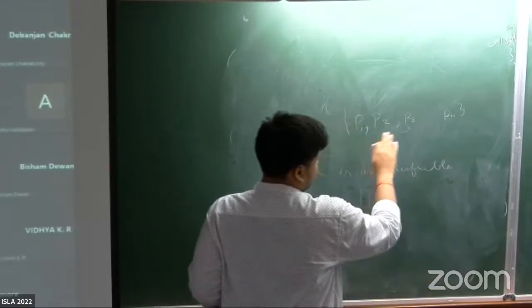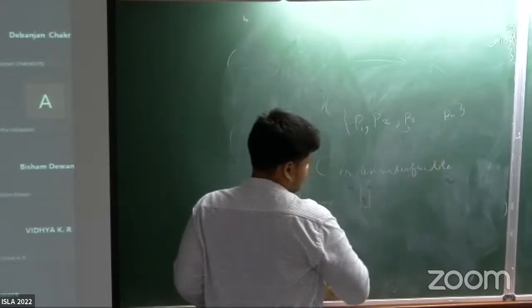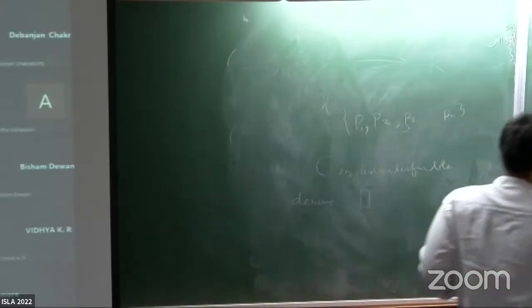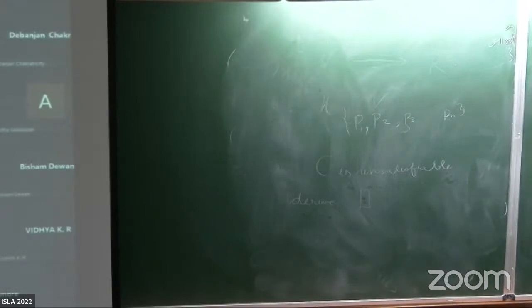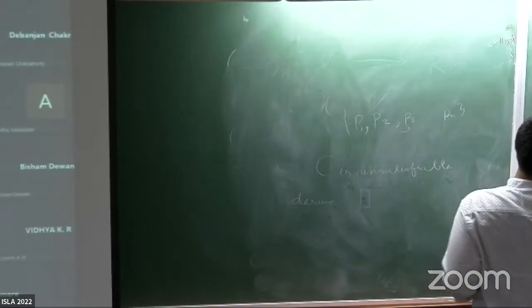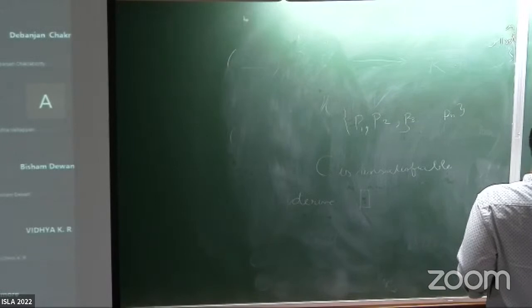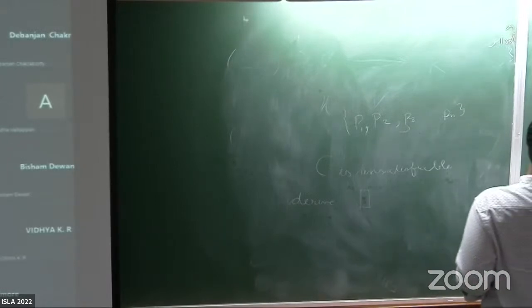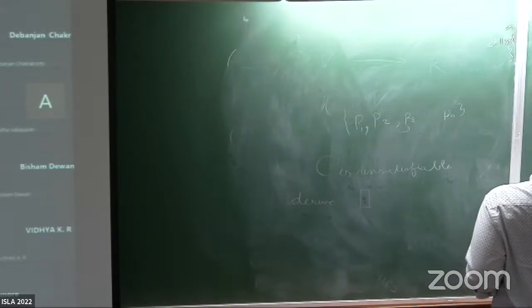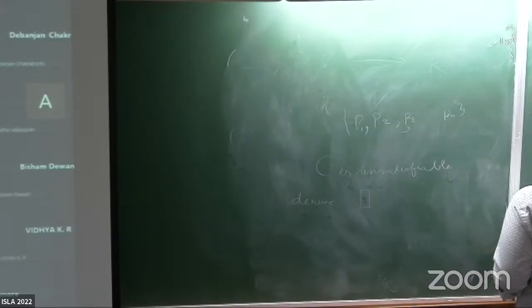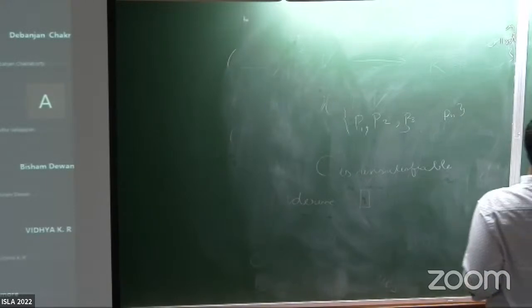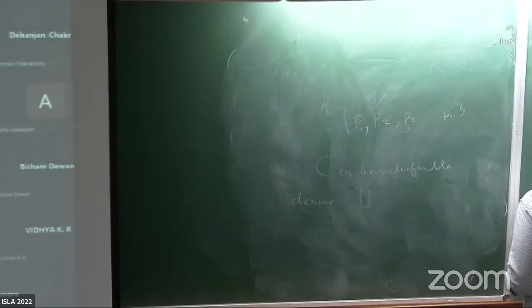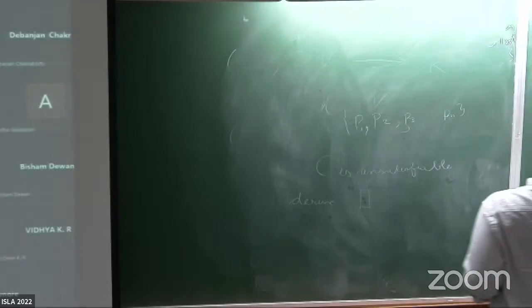First I'll assume that for P1 up to Pn, I've already done this. Then I'll include Pn plus 1, so C with Pn plus 1 equal to true, and C with Pn plus 1 equal to false. Now C contains Pn plus 1 literals.